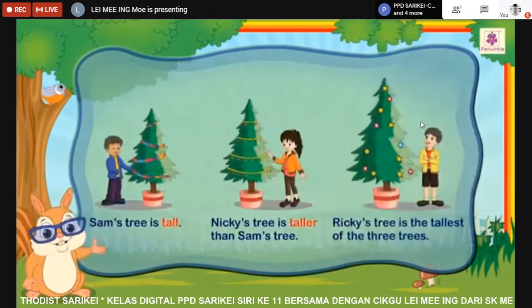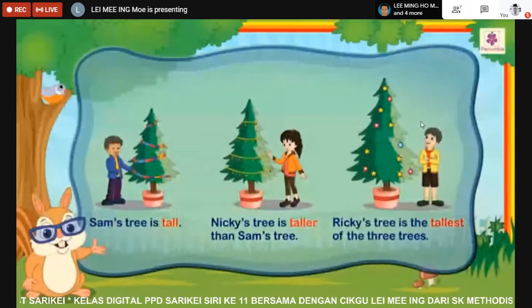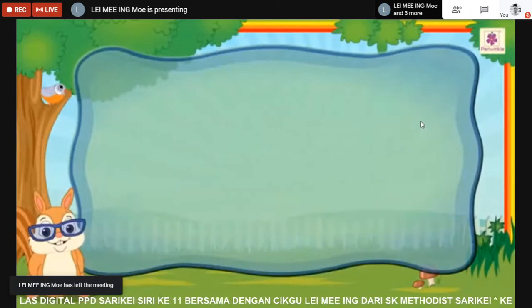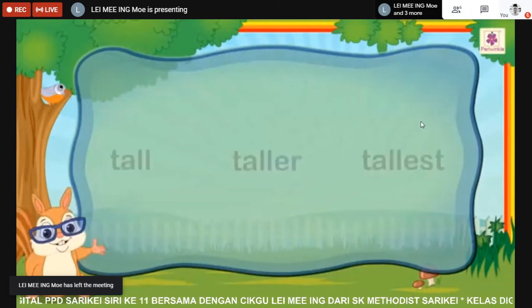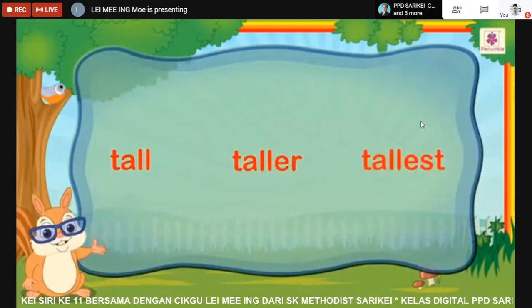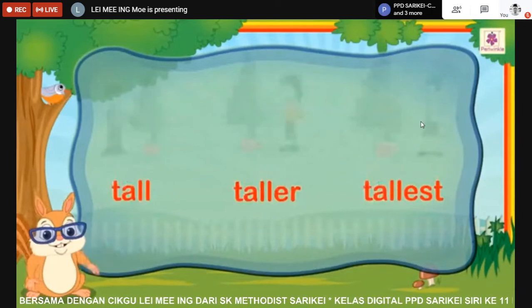Ricky's tree is the tallest of the three trees. The words tall, taller, and tallest are adjectives. They describe the trees bought by Sam, Nikki, and Ricky.